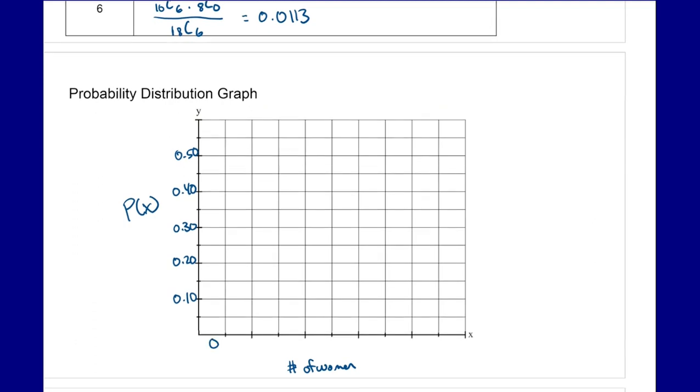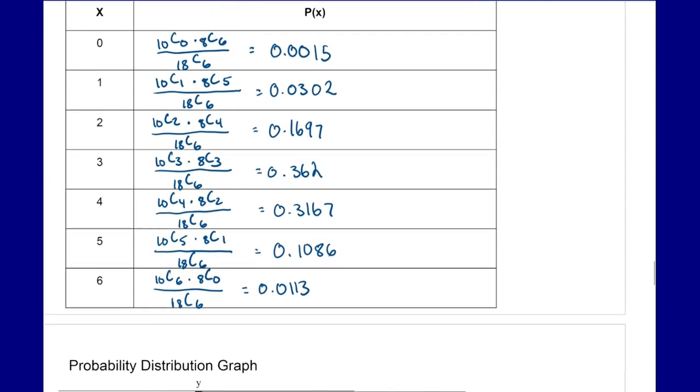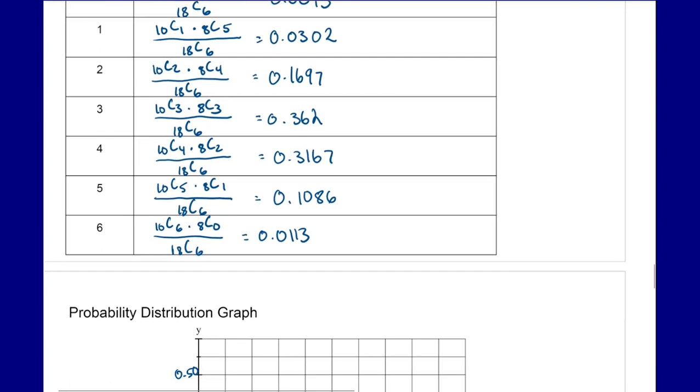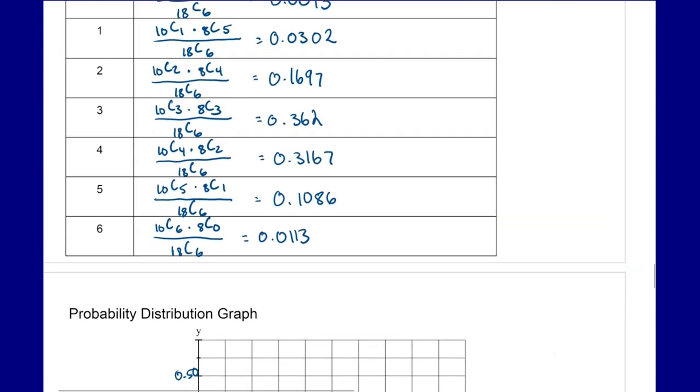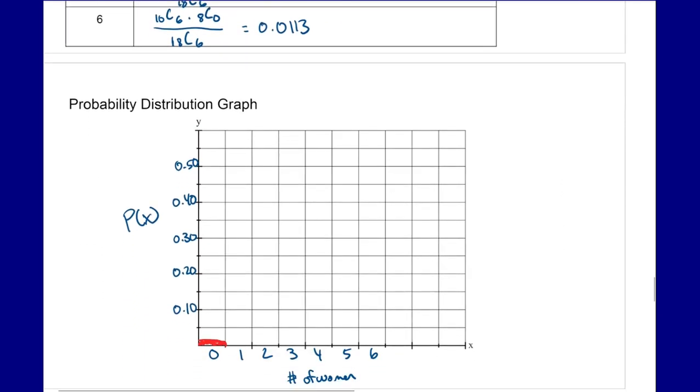And we can have anywhere from 0, 1, 2, 3, 4, 5, or 6 women. So looking at 0, it is 0.15%, so this is going to be relatively small. That's probably bigger than what it actually is, but our graph doesn't have to be to scale here. 1 is about 3%. Change that first one to almost just a line at the bottom. 1 is 3%.